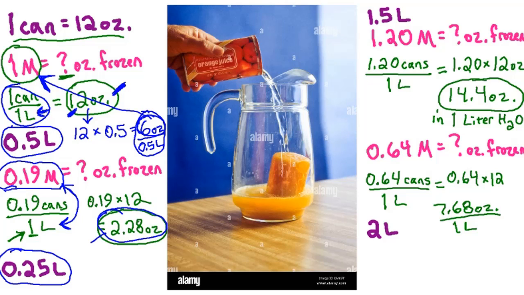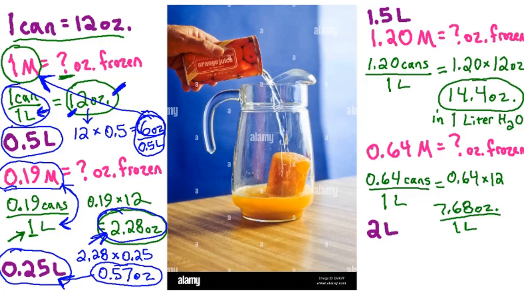So we take this 2.28 ounces of what we would use if we were making 1 liter, and we multiply it by how many liters we actually made, which is 0.25. So 2.28 times 0.25 gives us 0.57. So we only used 0.57 ounces of frozen orange juice concentrate if we only made 0.25 liters of the orange juice solution.